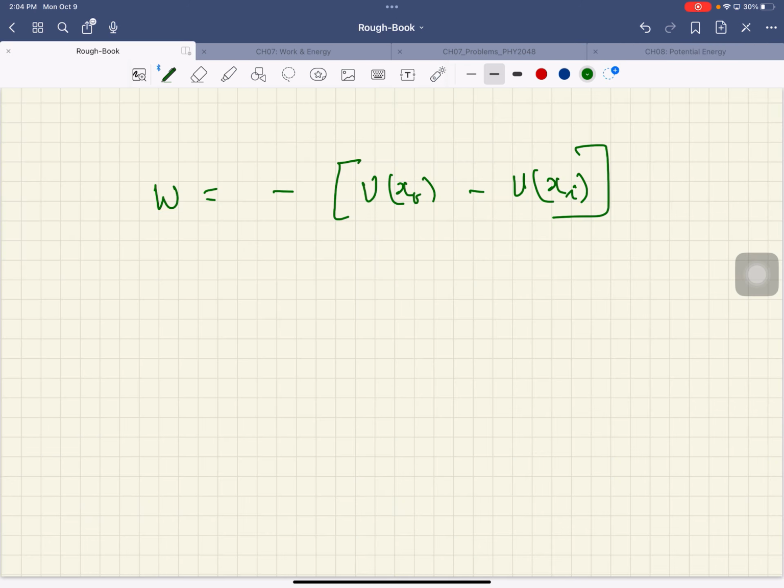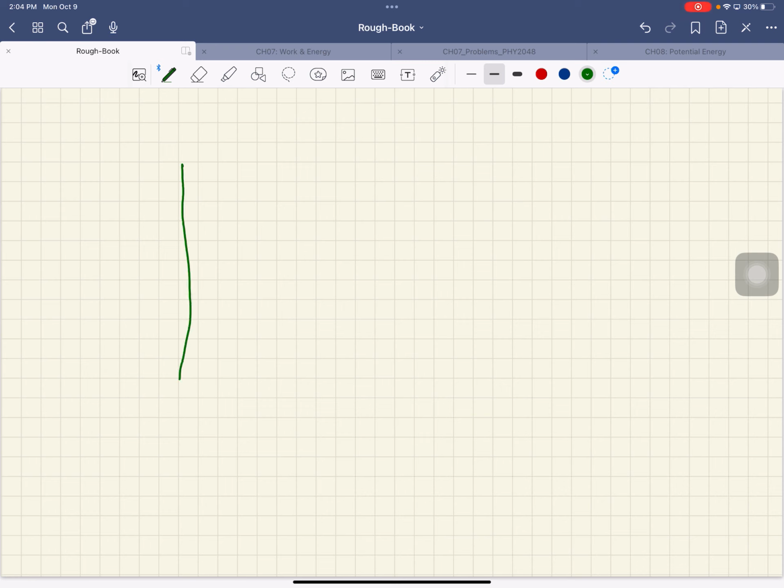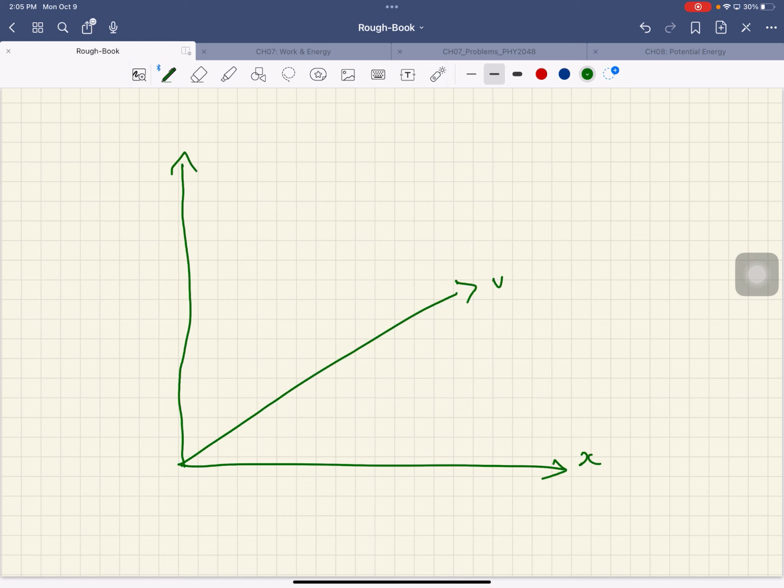Now let's do it in 3 dimensions. Okay, so now let me give you a scalar valued function in 3 dimensions. What does this function mean? Mathematically, what does this mean?